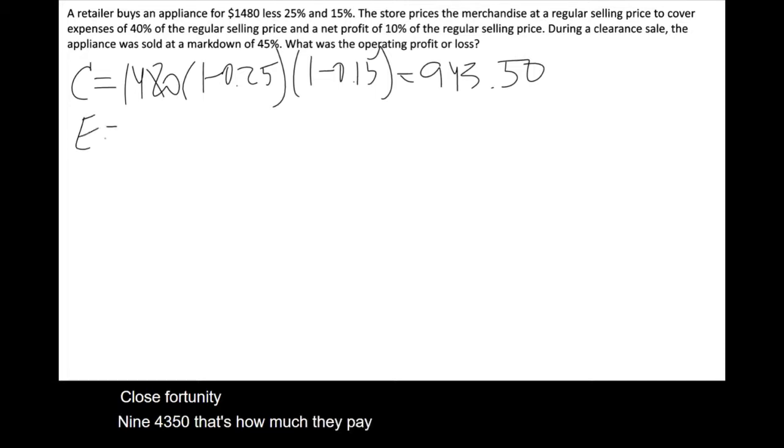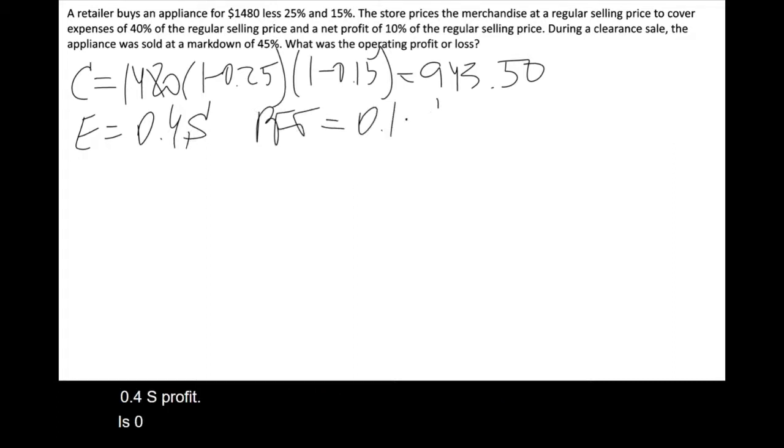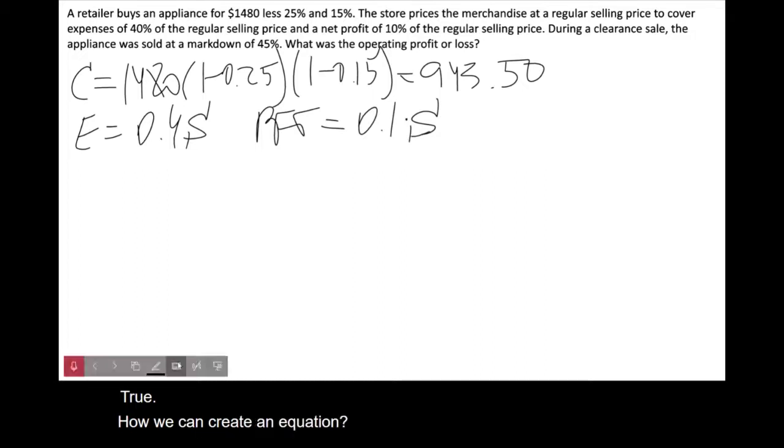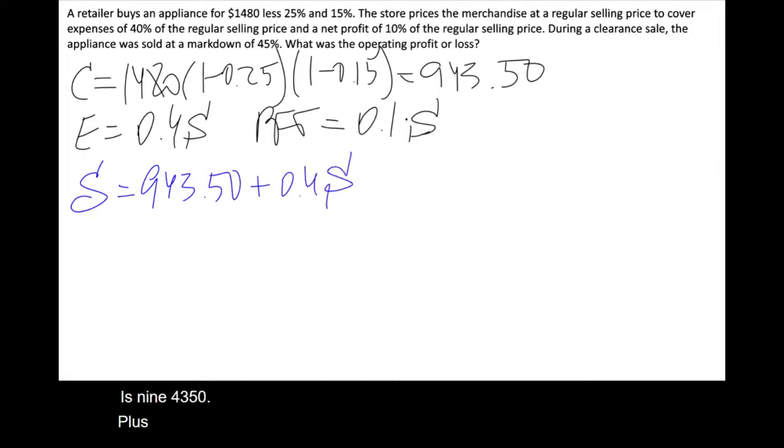Now expense is 0.4 of S. Profit is 0.1 of S. Now we can create an equation. So S is 943.50 plus 0.4S plus 0.1S.